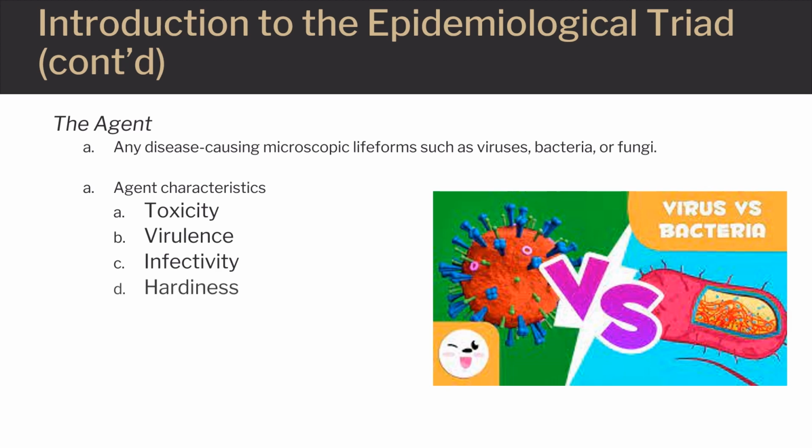An agent's hardiness refers to its ability to live, grow, and replicate across environments in which ideal parameters do not exist for the pathogen, such as temperature and humidity. Finally, a pathogen's resistance to drugs is an important factor to consider in spread. If the pathogen lacks an effective treatment, then continued spread and resulting damage is expected.